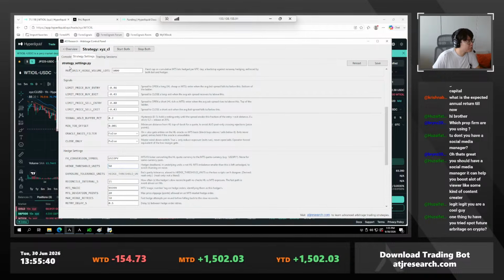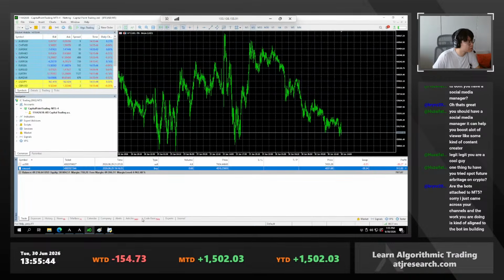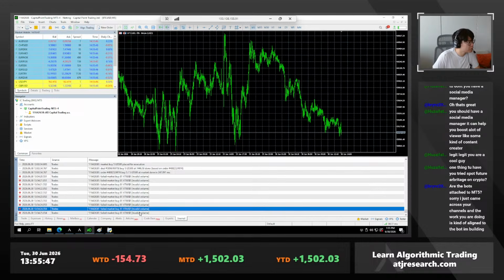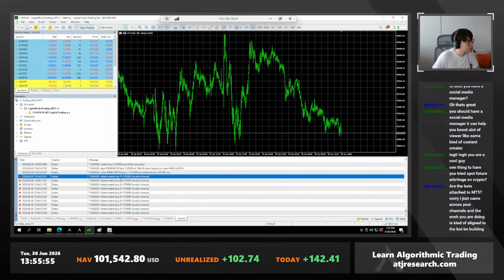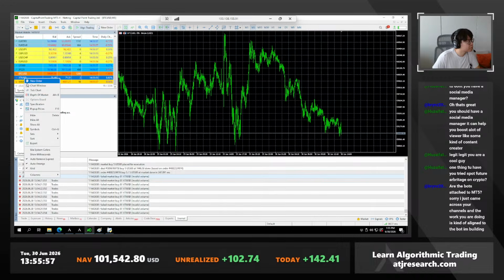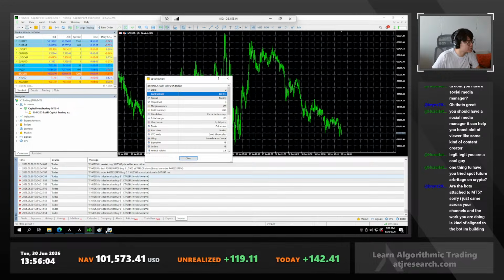So apparently it's invalid volume on XTI USD. Oh, I see why. Because it's trying to submit 81 XTI USD here, which is definitely too much. So I made a mistake in the contract size, and I'm actually lucky it didn't open any position because it would have opened a huge one.